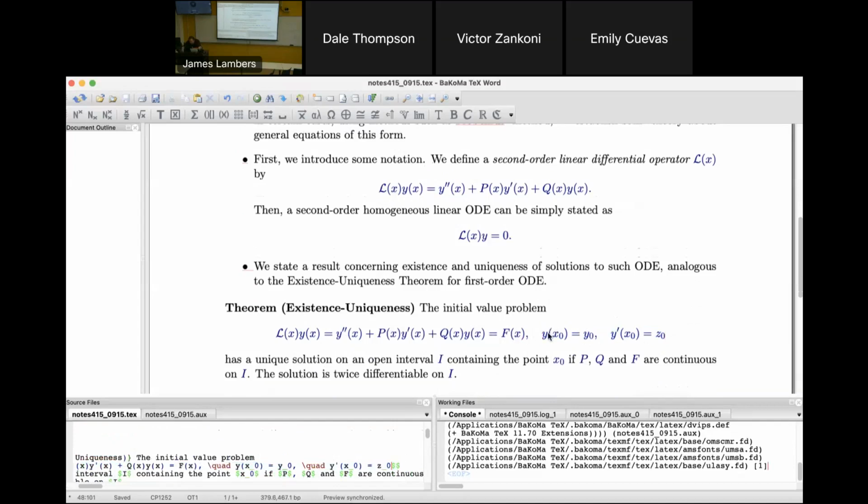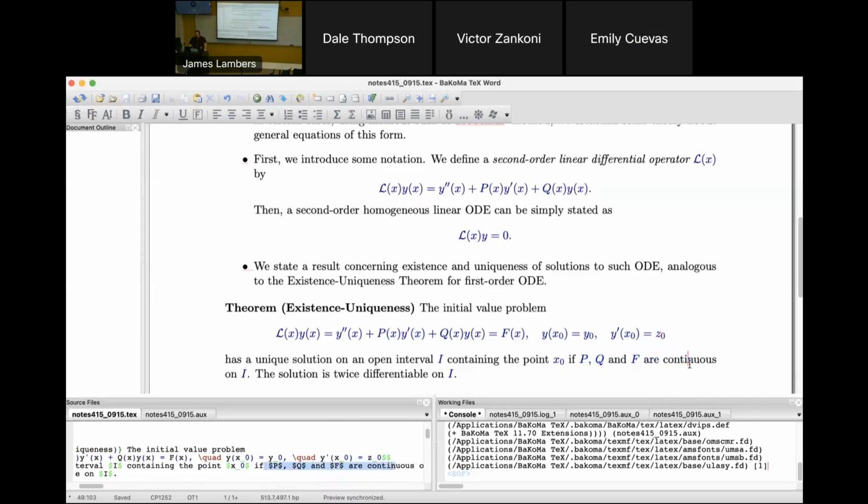If the functions involved, p, q, and f, are continuous on some interval containing the initial point x naught, then we know that this problem has a unique solution on that interval, and the solution has two continuous derivatives. So we're at least assured of having a solution under really mild assumptions on the problem data, just continuity is enough.